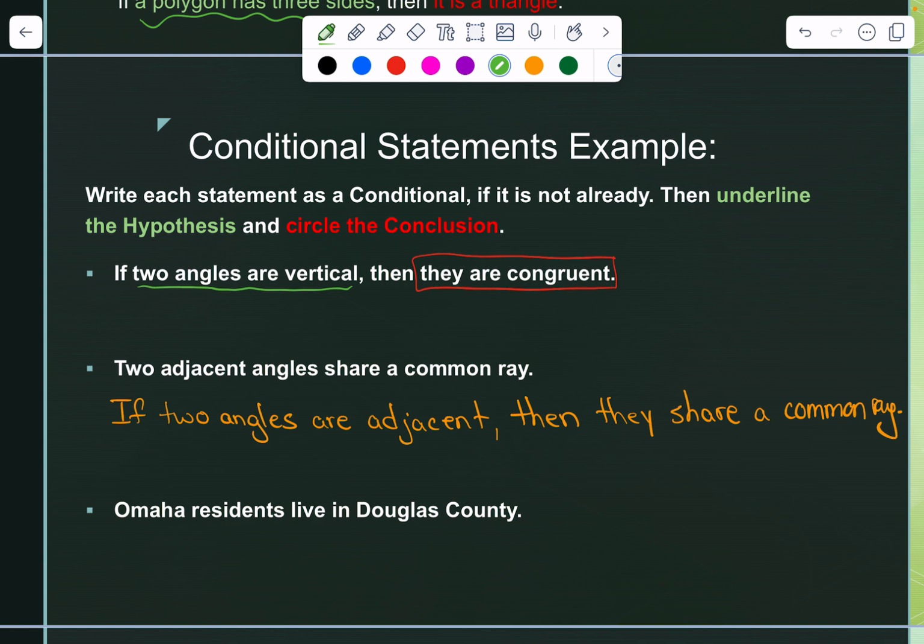So in this, the 2 angles are adjacent, that's our hypothesis. They share a common ray, that is our conclusion.